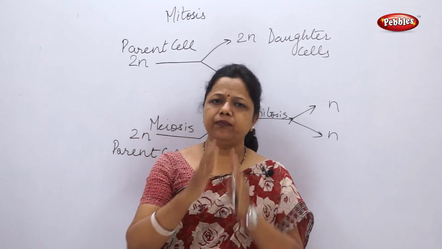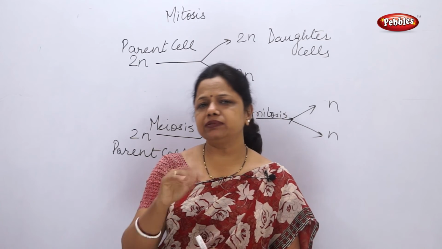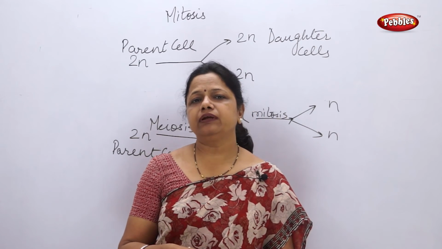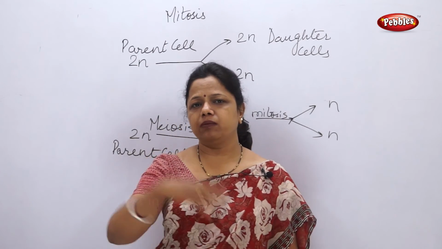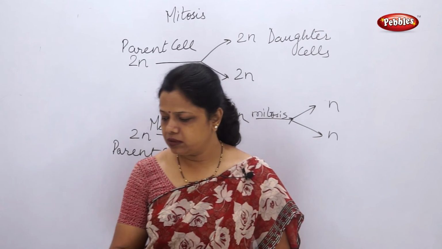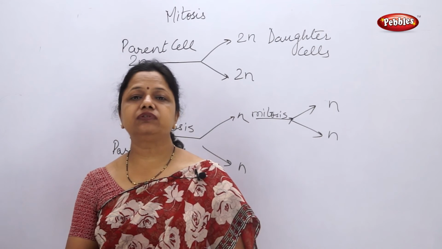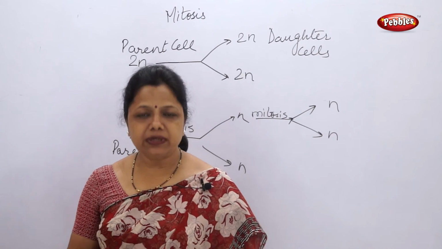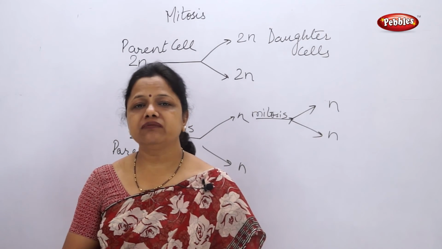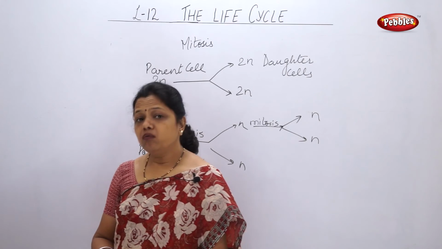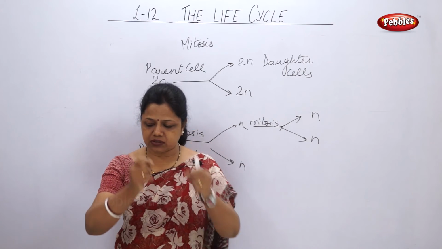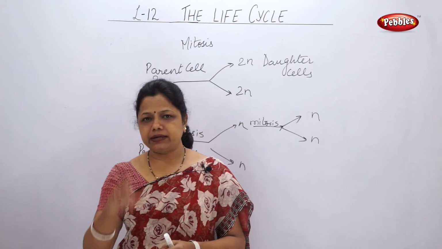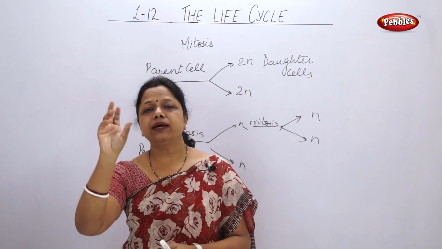A number of cell divisions happen inside the cyst, and when it matures and the favorable condition comes, it bursts open and a number of amoebae come out. So multiple fission is a type of reproduction in which cyst formation is seen. What are hyphae? The hyphae are thread-like structures which are attached to the sporangium and the filament of the mucor.